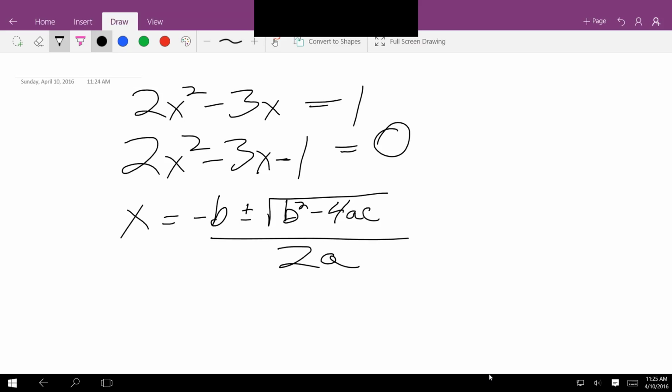Okay, now plug it in. And then it's going to be 3 plus or minus the square root of a negative 9, or just a 3 squared. These always turn out to be positive, because even if b is negative, when you square it, it becomes positive. So it'll just be 9, minus 4 times 2 times negative 1.